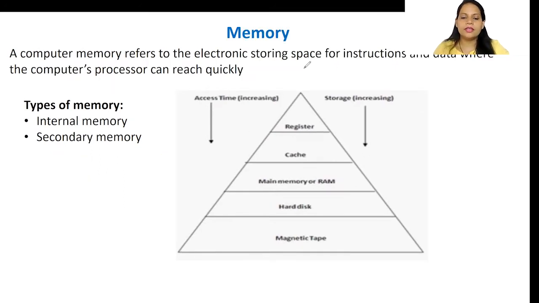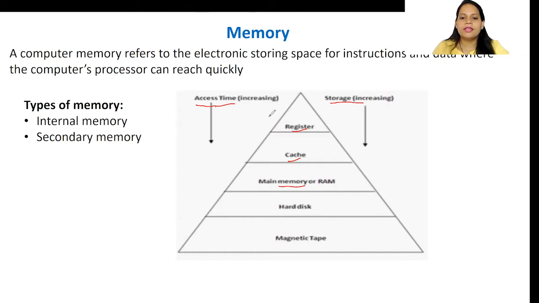Now have a look at this image. There is a triangle, and inside the triangle they have mentioned all types of memory. We can see register, cache memory, main memory or RAM, hard disk, and magnetic tape. See carefully that they have mentioned access time and storage. The access time is increasing.